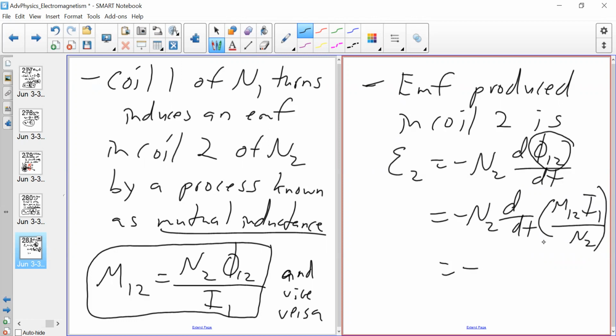And that's equal to negative M12 di1/dt. So we're expressing the EMF in terms of the mutual inductance, which comes from Faraday's law of induction, which is dependent on the number of turns of wire. And in this expression it involves both wires, not just one, or else there'd be just negative N dphi/dt.